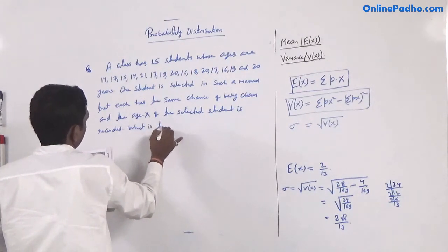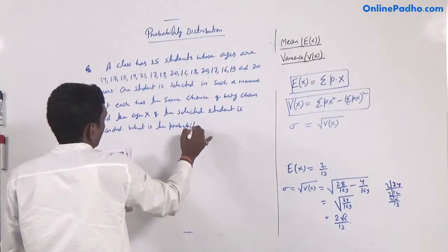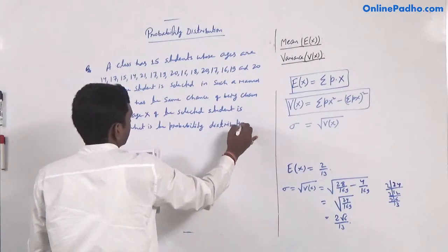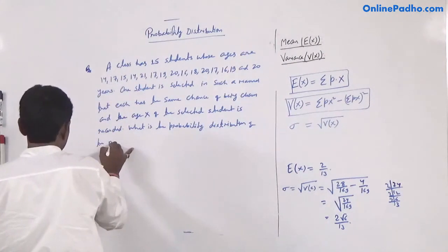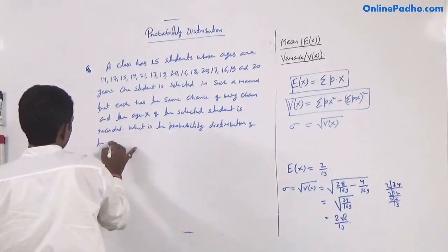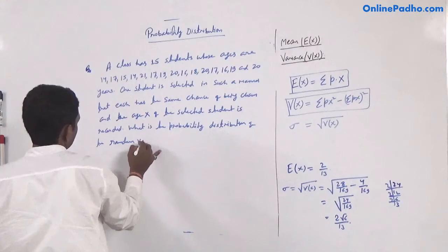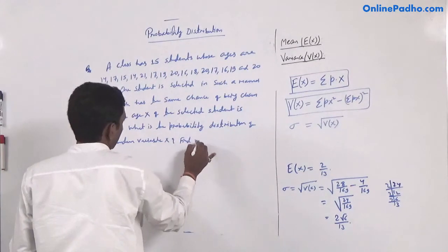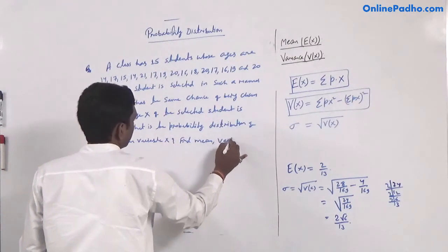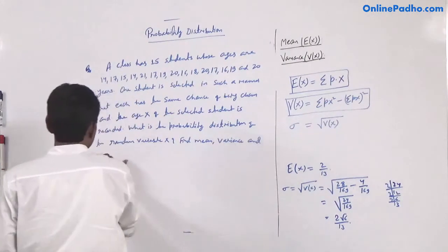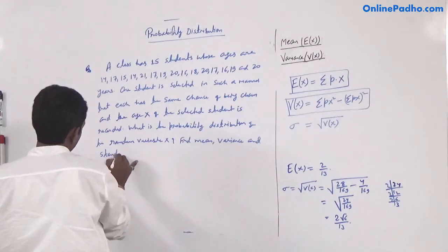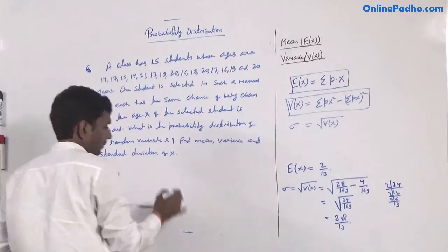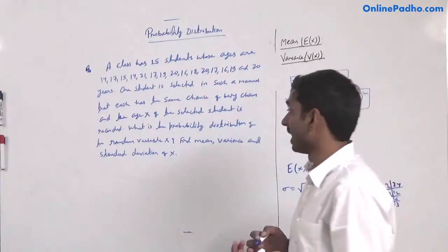What is the probability distribution of the random variable x? Find the mean, variance and standard deviation of x. Right? Find mean, variance and standard deviation of x.